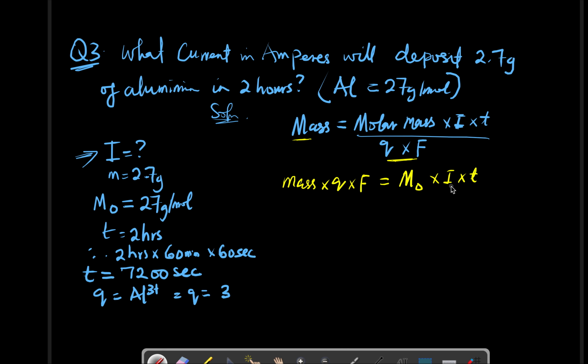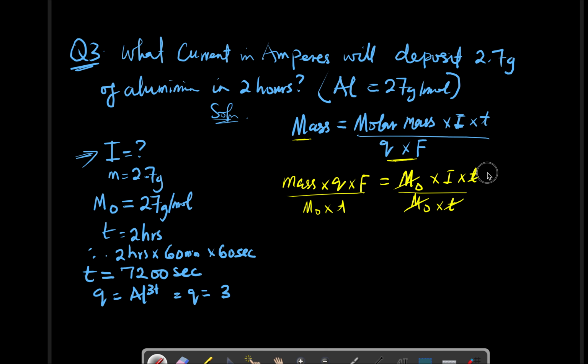Now remember, I'm making this I the subject of formula. I have to divide both sides by this M naught, which is the molar mass, and this time. I will divide both sides by the molar mass times time. So this will cross out this.